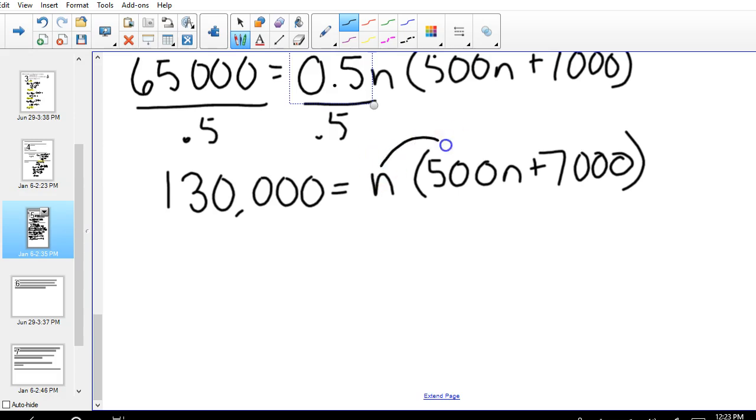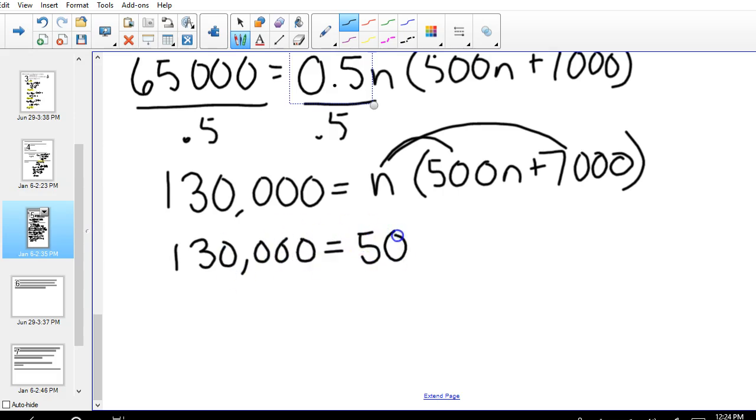Distribute that in. I probably would not have divided the 0.5 off. I probably would have gone ahead and distributed, but either way it doesn't really make a difference. So we'll get 500n squared plus 7,000n.